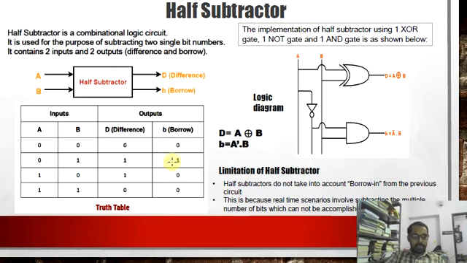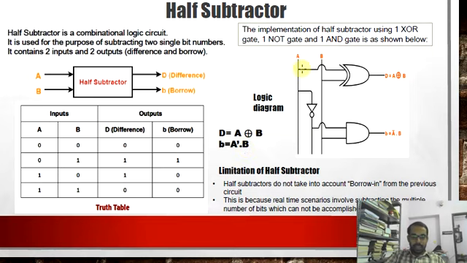B is equal to 1 when, so we need to complement this one, A bar or A complement, and B. So A complement means 0 becomes 1. So 1 and 1 is 1. So only that combination you will get borrow. So these are the corresponding Boolean expressions: difference is equal to A XOR B and borrow is equal to A bar and B.